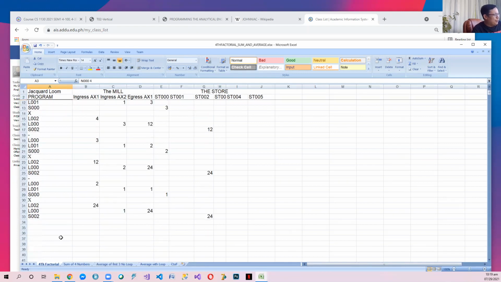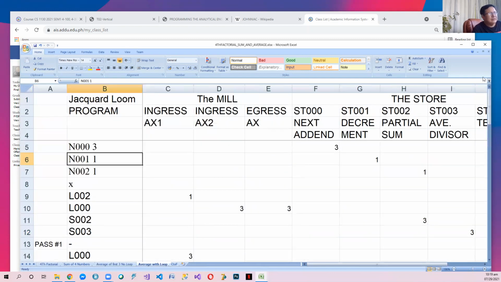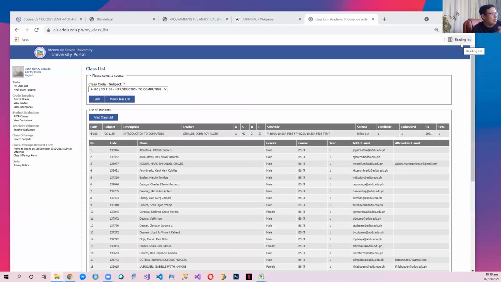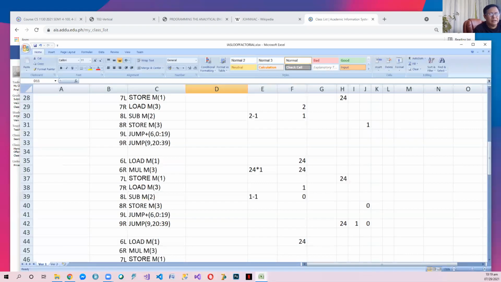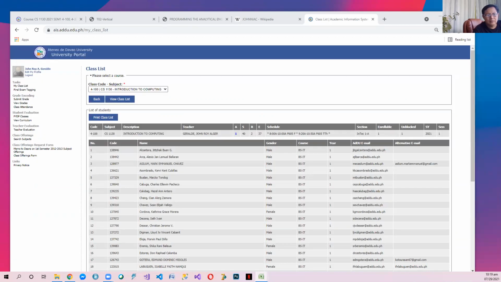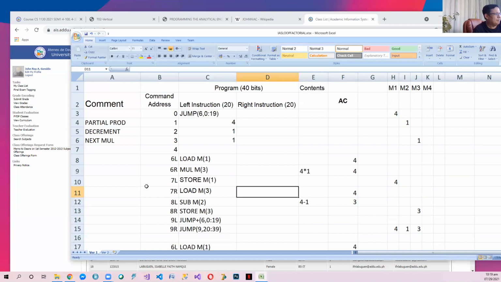Anyway, we can do a loop by using the concept of the average. Actually, there's also a looping example in the website, in our source site. Let me just copy this to a new one.